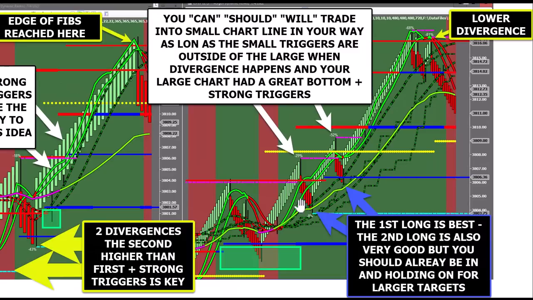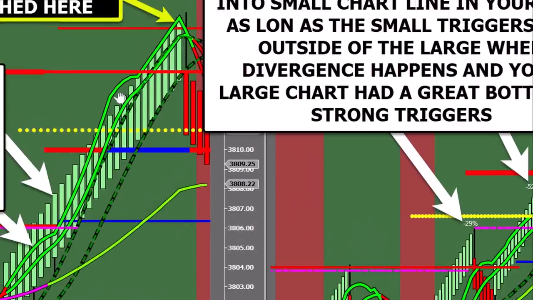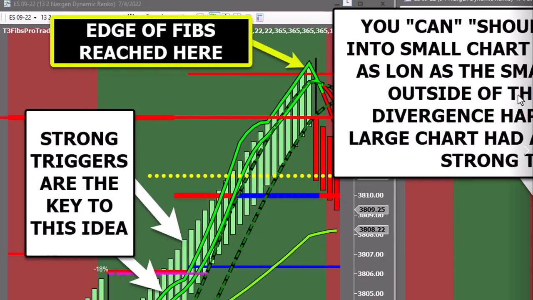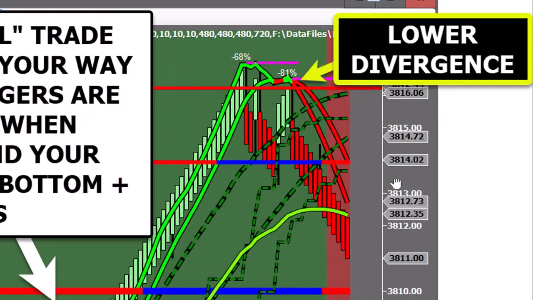And then ultimately, if you got the first one, great, or if you got this one and held on, you're talking about 12, 13 points on the S&P before it ever slows down on your 5-1 chart. And again, when you reach the edge of fibs, it's not a coincidence that you end up getting one of these patterns.